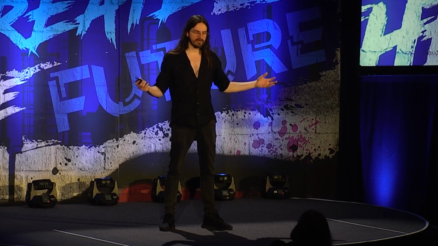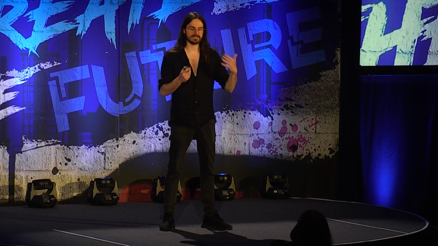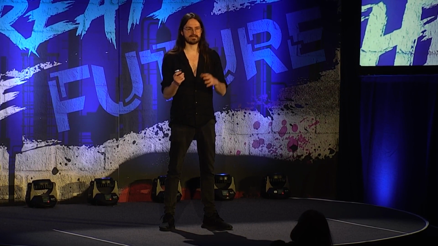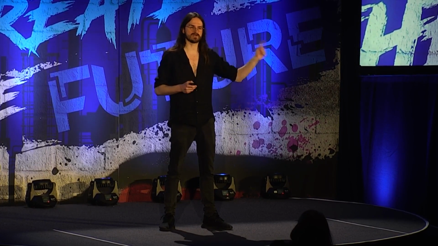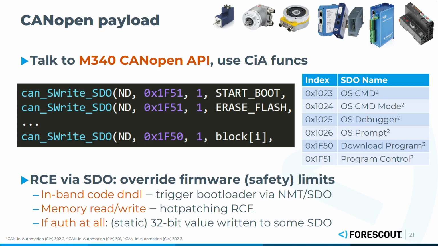And we looked through various CANopen device manuals and found that if there was any authentication for this at all, what typically happened is that you just had a 32-bit value that was written to a different SDO, and that was typically a static value, so to prevent engineering errors rather than security.